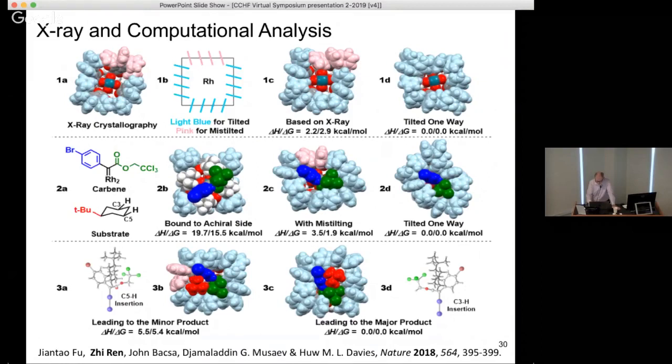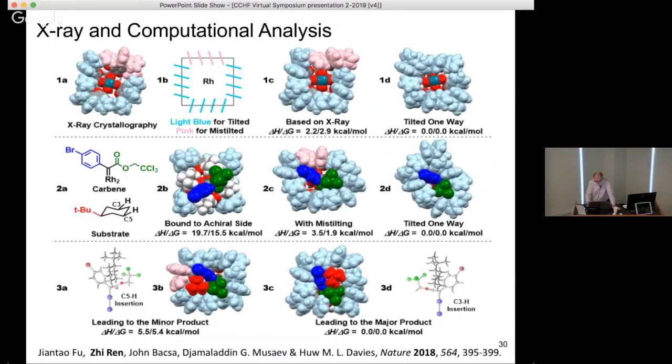And in the X-ray structure, we found 12 of them tilted one way and 4 tilted the other way. But when we did computational studies on this, we found that the most stable structure was actually them all tilting one way. And so that leads to a propeller type chirality, set up by the initial chirality of the ligand itself.